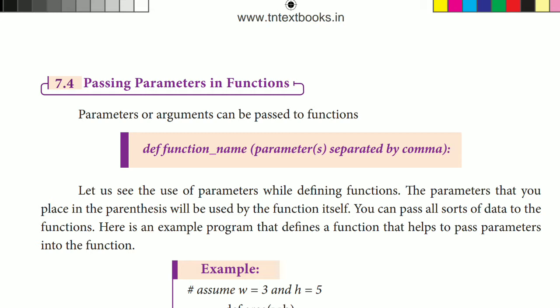Here you can see the syntax: def, the function name, and inside the parentheses the parameters separated by commas. If you have more than one input, then you can use this separator comma.